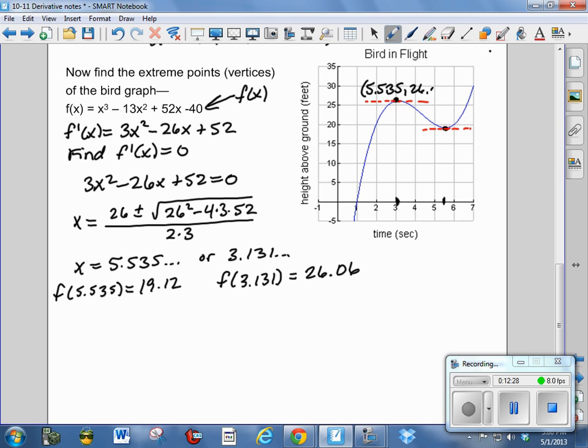We were very close. And the other one is 5.535 comma 19.12, which also looks really reasonable, just being a little under 20 there. So this is how you find extreme points.